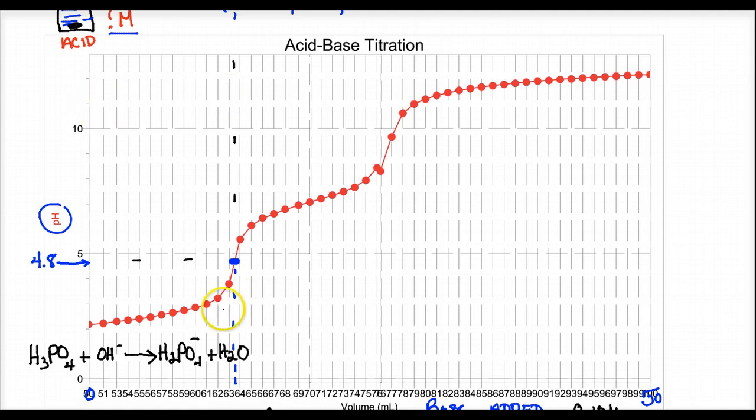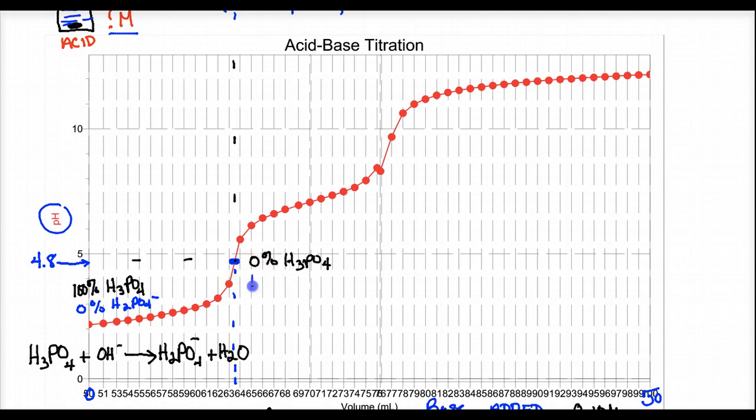Okay, and we would say at this point here, we have 100% H3PO4, and at this point right here, we have 0% H3PO4. Now, we have 0% when we start H2PO4 negative.